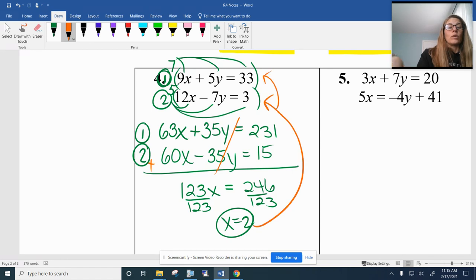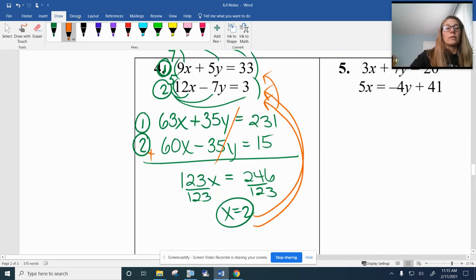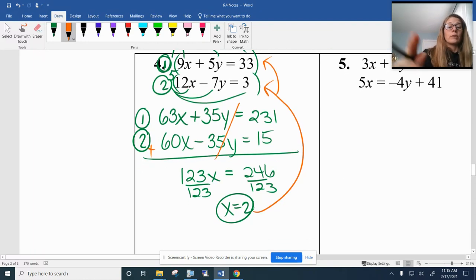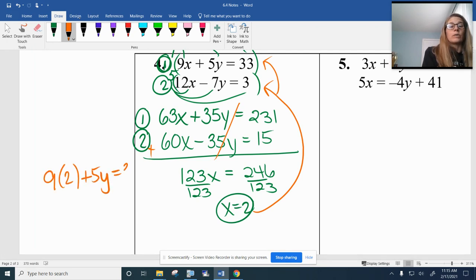Substituting that into one of those original equations. So I'm going to use, I guess I'll use the first one. So I have 9x, which is 2, plus 5y equals 33. 9 times 2 is 18.